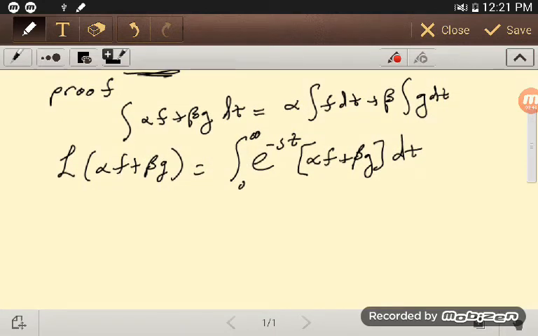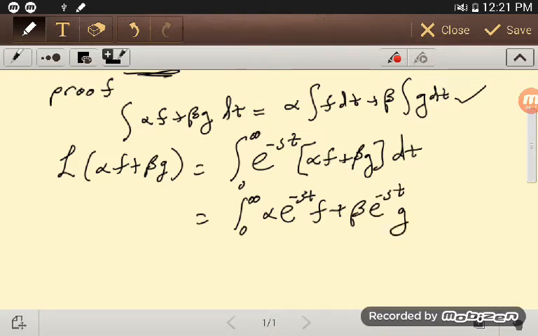Multiplying through first, I've got the integral from 0 to infinity of alpha e to the minus st f plus beta e to the minus st g, with my dt there. So that's all inside that integral.